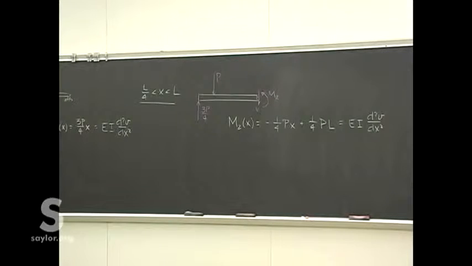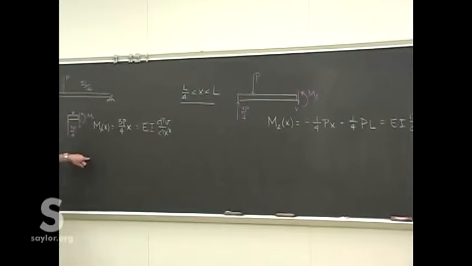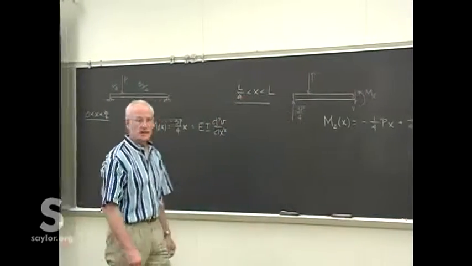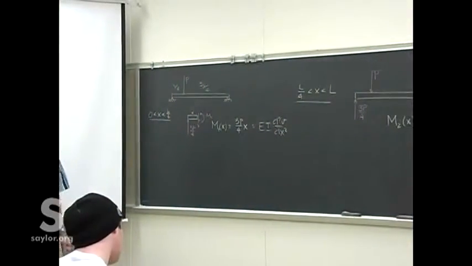So we're going to have 2 constants of integration from the left side. We're going to have 2 more constants of integration on the right side. We're going to need 4 boundary conditions.